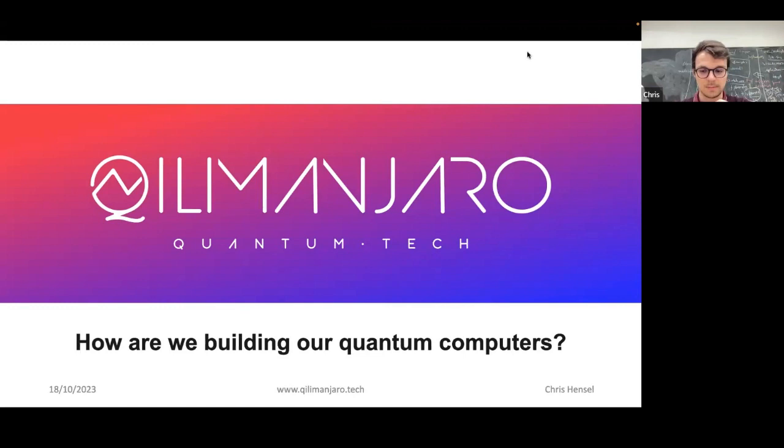Like today, after the two talks we had previously about the company and about algorithms, today I want to give a little introduction on the implementation.